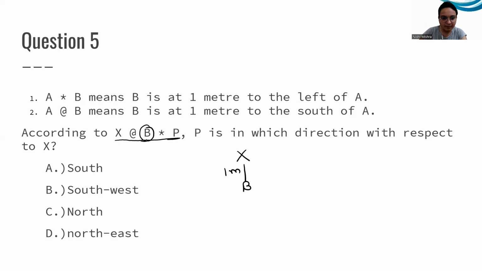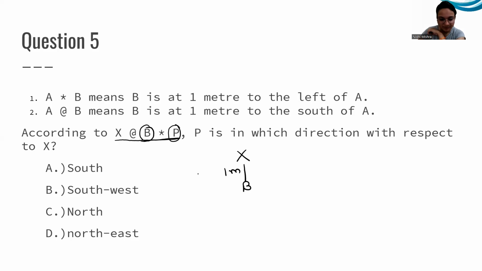And B star P means, like A star B means B is at 1 meter to the left of A, P is at 1 meter to the left of B. Now, what is the left? This is right, this is left.